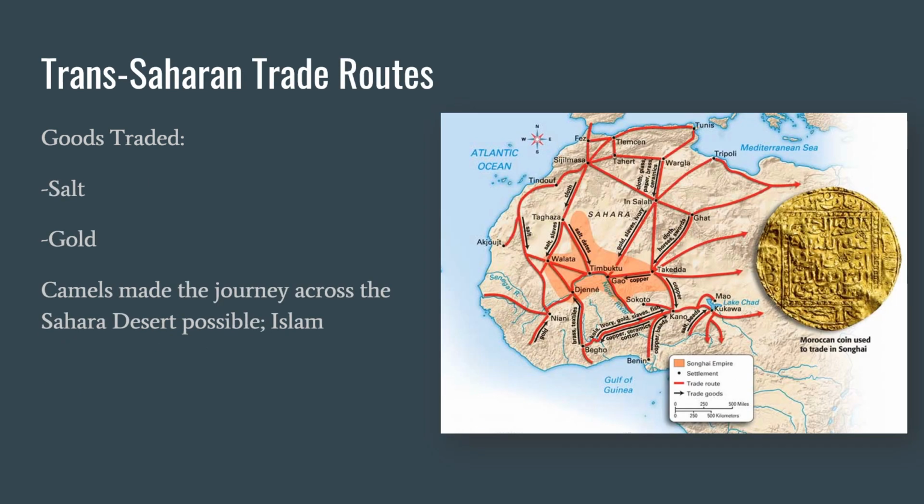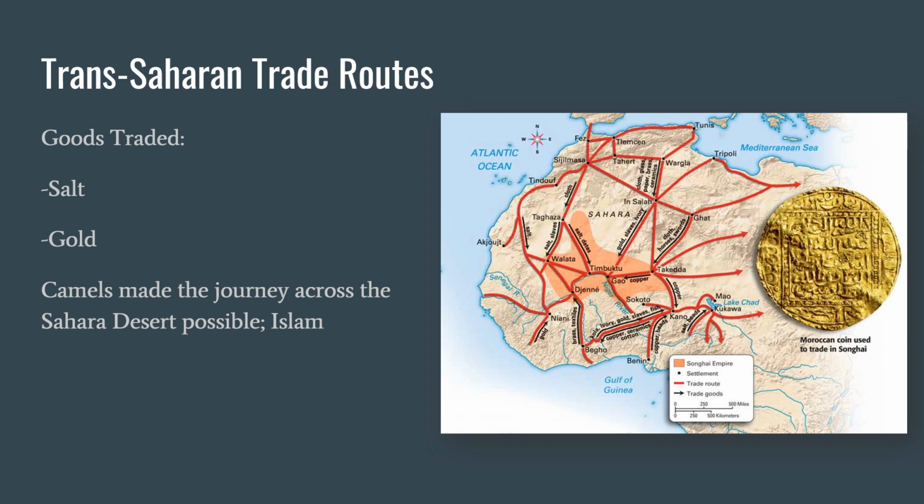And then the Trans-Saharan trade route, you have salt, you have gold, and many of these goods were transported through the use of camels, which did not need as much water, could store water much easier, and make it through the tough journey across Saharan Africa.